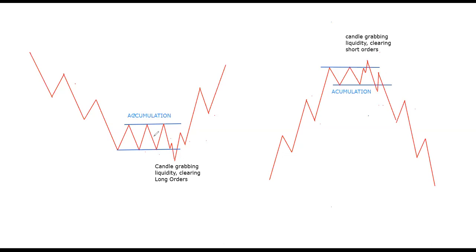You may have heard that for every buyer there's a seller, and for every seller there is a buyer. That's just demand and supply. So let's say the banks are going to buy $50 million here.